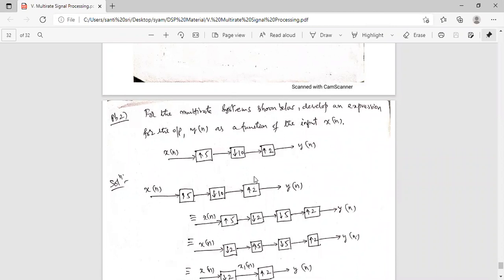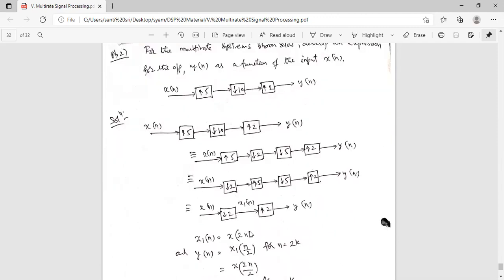We can write the downsampler by 10 as 5 into 2, or 2 into 5. It is identical to downsampler 2, downsampler 5, upsampler 3, downsampler 4, and then upsampler 2. So x of n goes through downsampler 2, and these two will be cancelled.